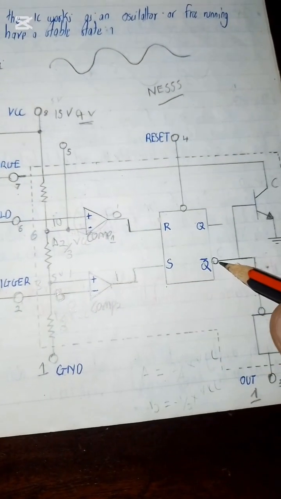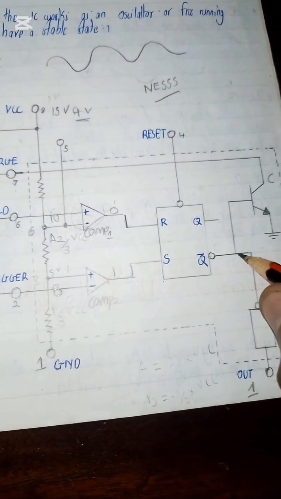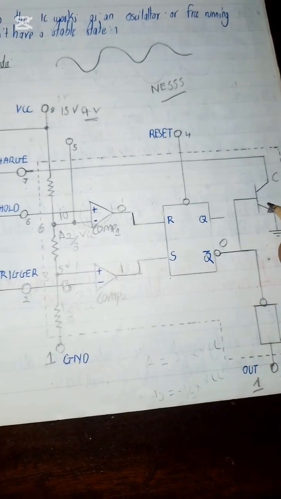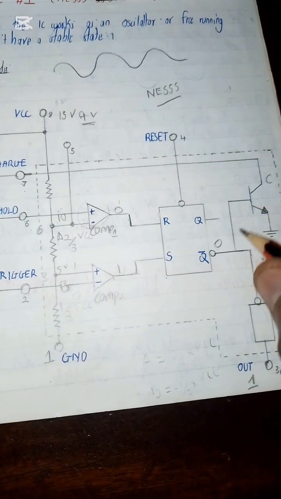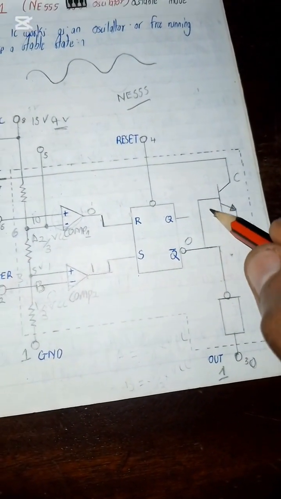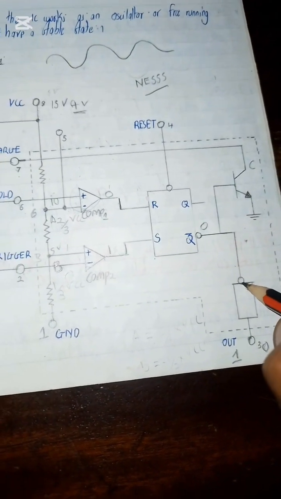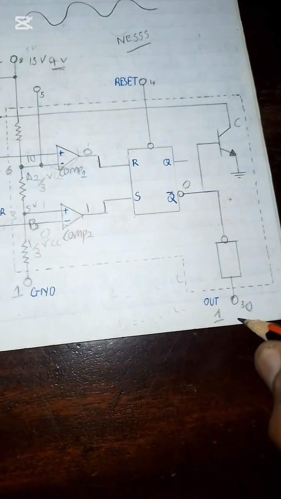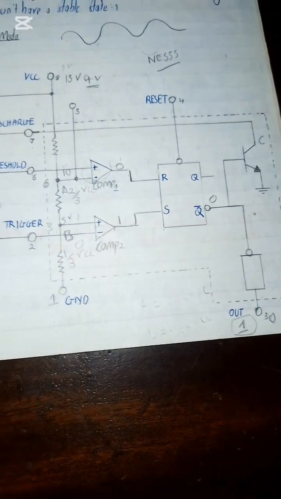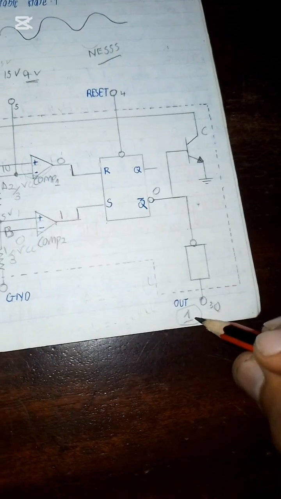That output is going to come inverted to be a 0. That 0 won't affect this point, the base of the discharge transistor. That 0 is going to be inverted further to become a 1 at the output. So once you power it on, it starts with a 1 output.